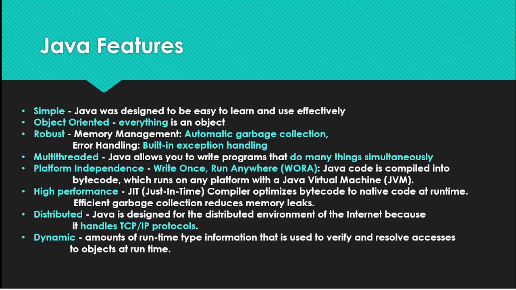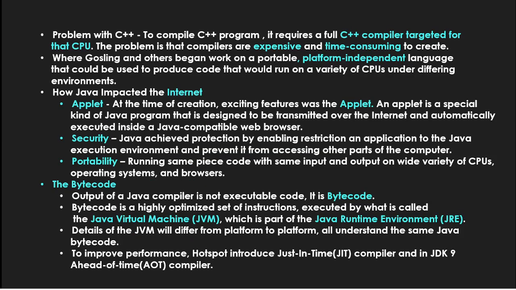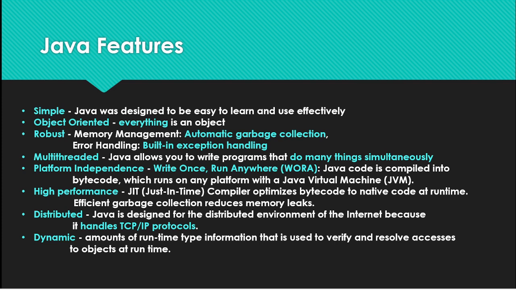Next, we have the Java features. As we already discussed the secure and the portability features, here we have the other features as well. Basically it is simple, because anyone can learn it. If anyone knows C and C++, Java is simple to learn and use effectively.